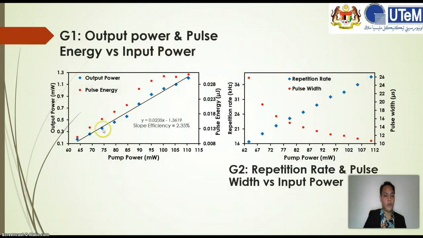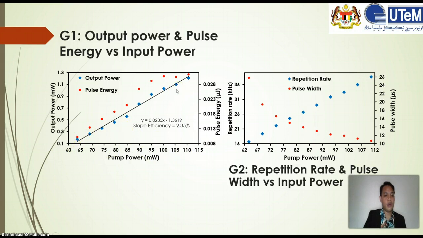From the data, I can make two kinds of graphs to show the close relationship between all the parameters. The first graph shows the relationship between output power and pulse energy versus the input power. As you can see, whenever the input power is increased, the value of the output power is also increased.